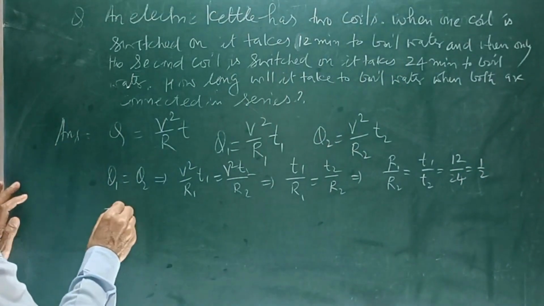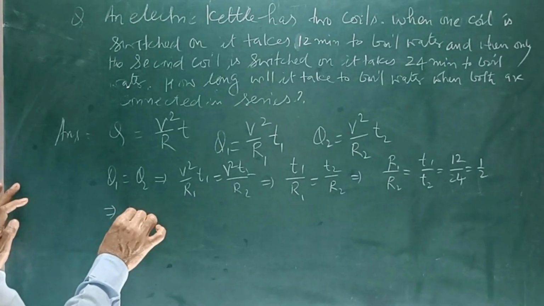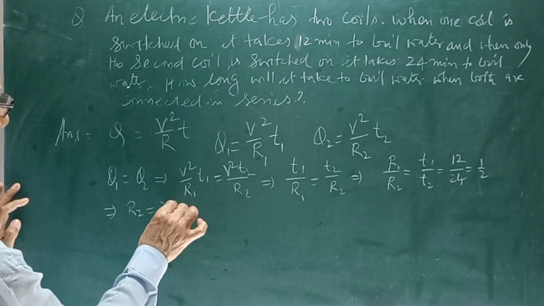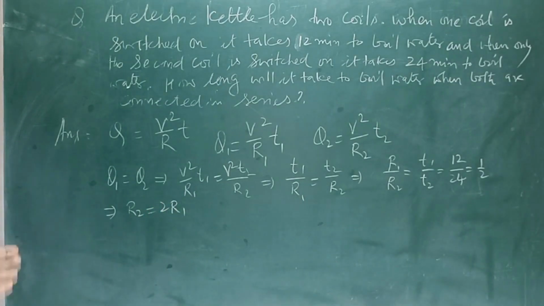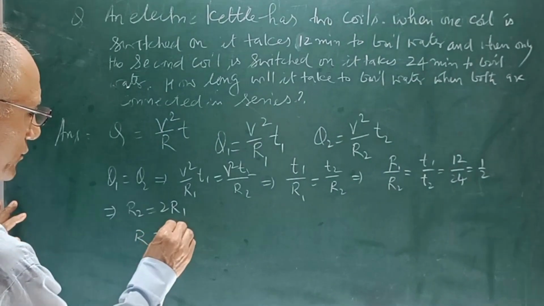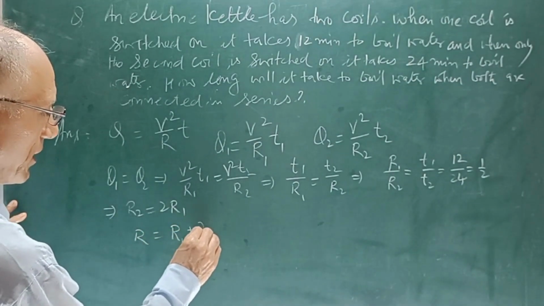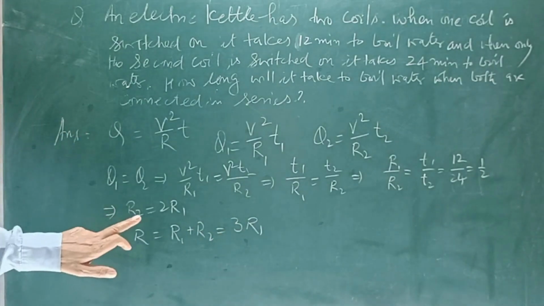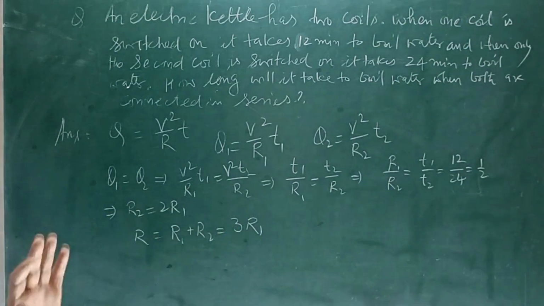So here we get the relation that R2 is equal to twice R1. Now they are connected in series. When they are connected in series, then R is equal to R1 plus R2, that is equal to 3R1. This 2R1 plus R1 is 3R1.